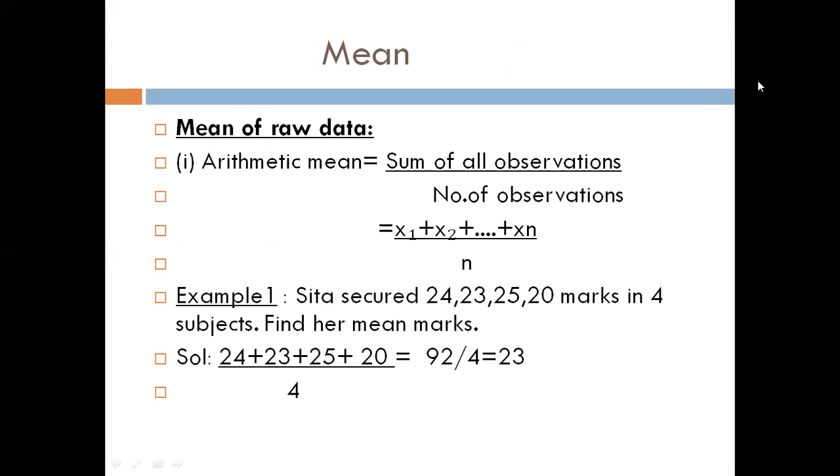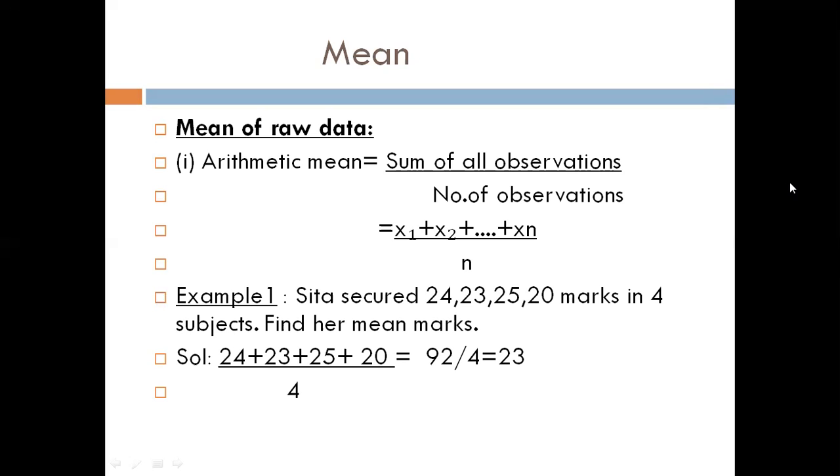So x bar is equal to, the formula is sum of all observations by number of observations. Let us take the observations are x1, x2, etc., xn. Then sum of all observations, that is x1 plus x2 plus x3 plus etc. xn, by the total number of observations, that is n.